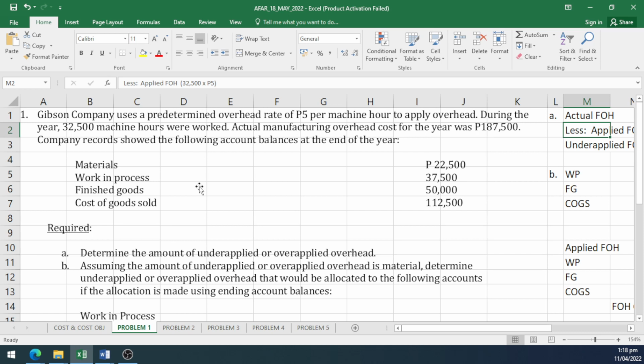Sa normal costing, there is a predetermined factory overhead rate. At ang ina-assign natin, ina-charge natin sa work in process is the applied factory overhead, which is based on the predetermined rate. Multiply yon sa actual capacity attained, yon ang applied factory overhead that will be charged to the work in process.